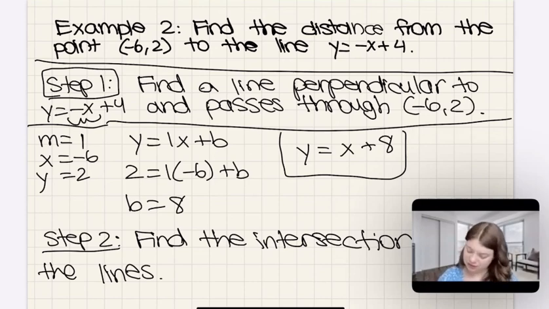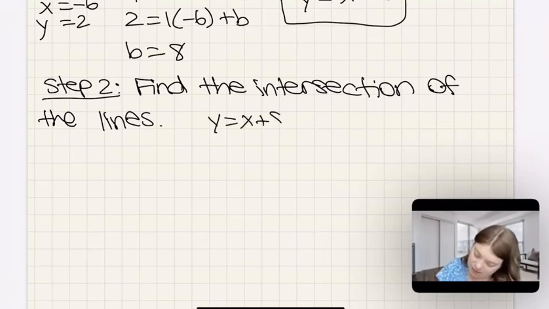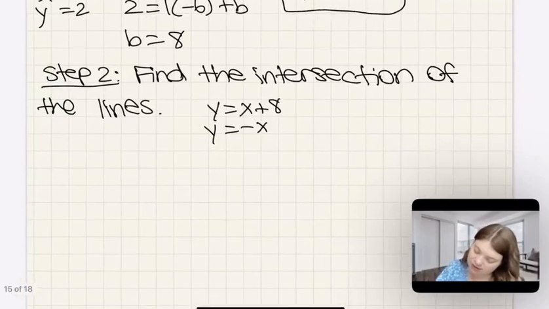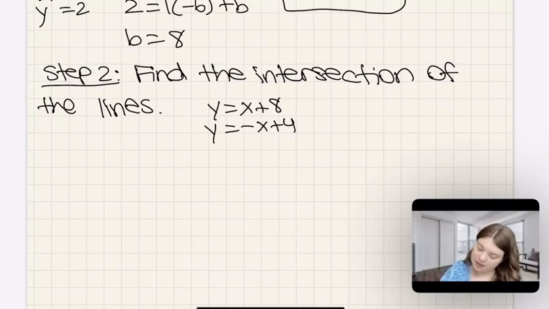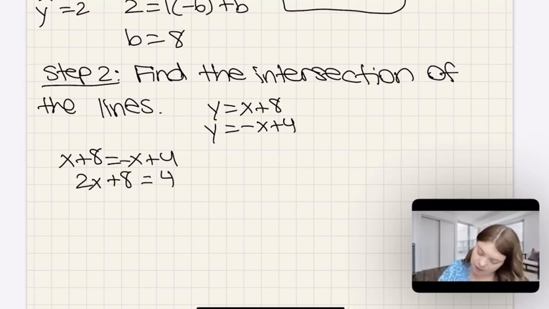And so let's do that. Let's find the intersection between y equals x plus 8 and y equals -x plus 4. If we use substitution, we get x plus 8 equals -x plus 4. That means 2x plus 8 is equal to 4 if we add x to both sides. If we subtract 8 from both sides, we get that 2x is equal to -4, which means x is equal to -2.